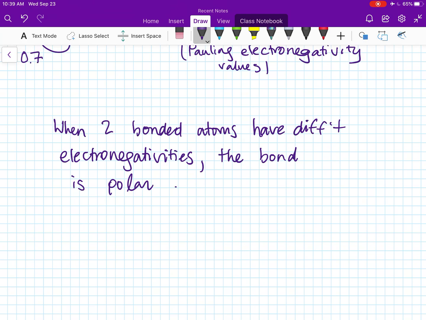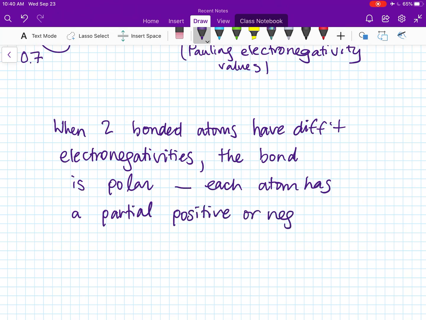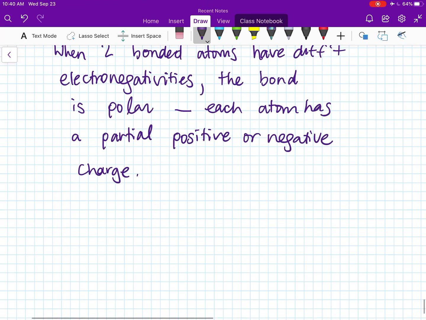A polar bond means that each atom in the bond has a partial positive or negative charge. Now, the more electronegative atom is going to have a partial negative charge, and the less electronegative atom will have a partial positive charge. For example, let's take a situation where H is bonded to F in a covalent bond.